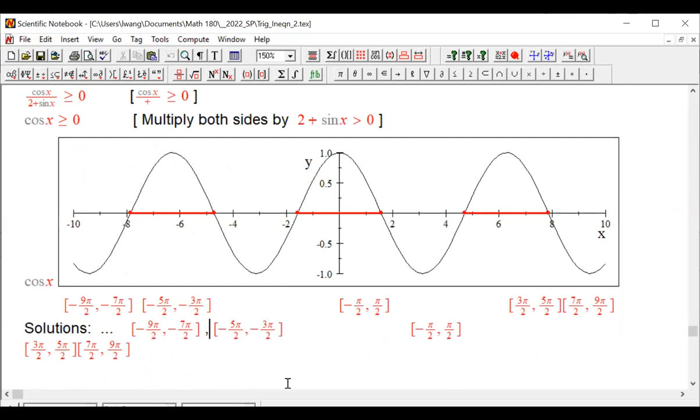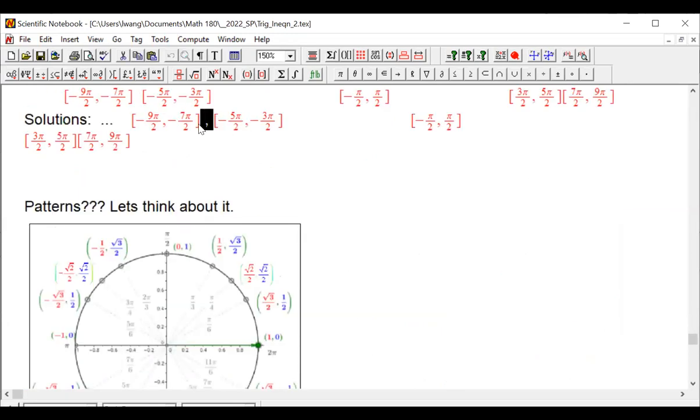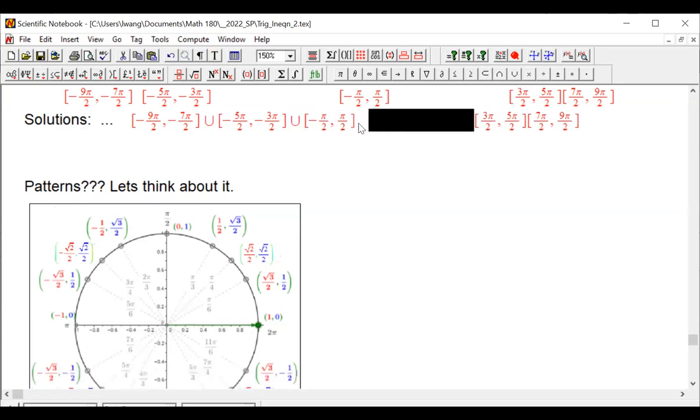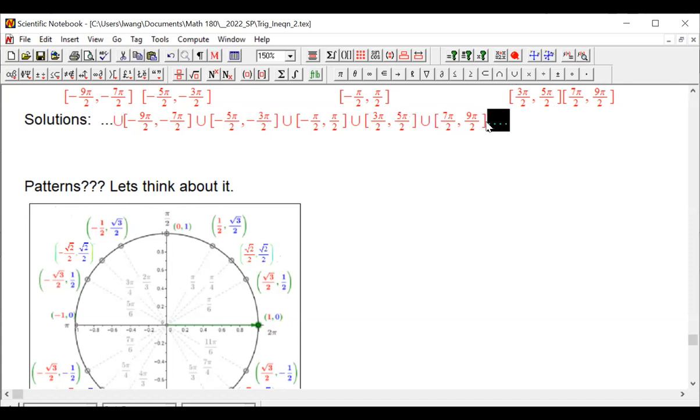That interval, union, and union, and union, etc., etc. You can put a union here. And I'm sure the reader can recognize the pattern in both sides, right? They're all odd numbers. So we have the proper answer.